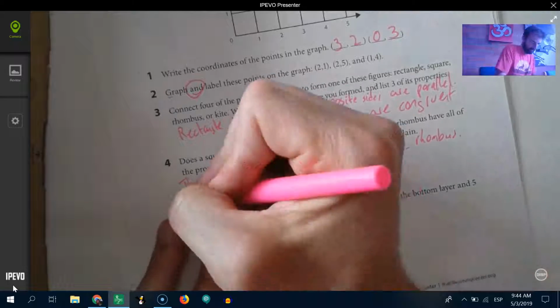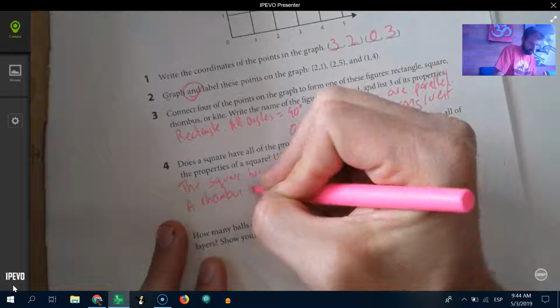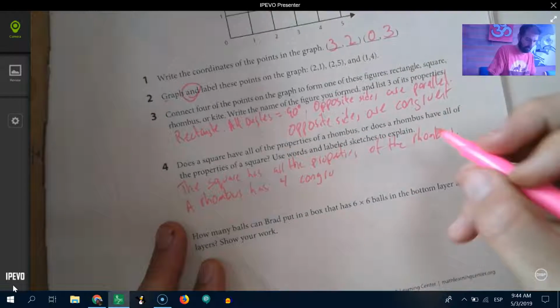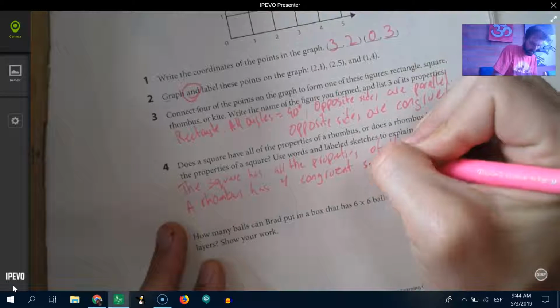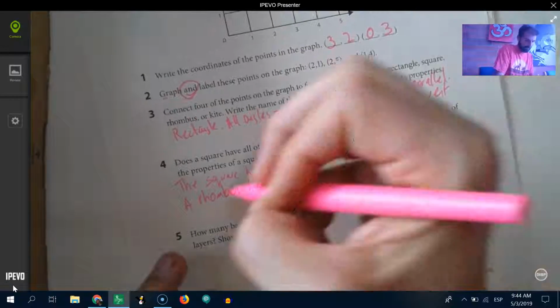Okay, a rhombus has 4 congruent sides, as does a square.